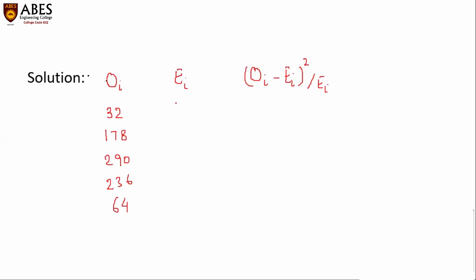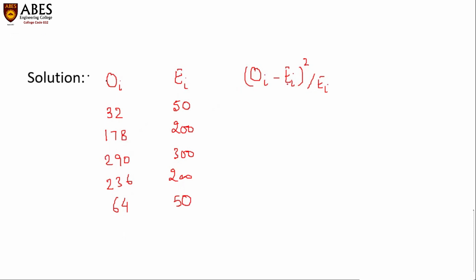And Ei, these values we just calculated as 50, 200, 300, 200, and 50. Right? And you can always verify that the sum of Oi is equal to the sum of Ei, and it has to be. This is the basic condition for application of the chi-square test, which was also told in part 1.